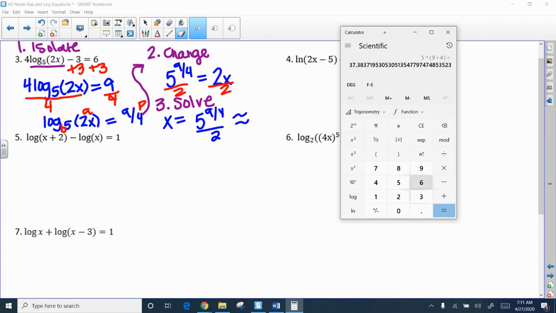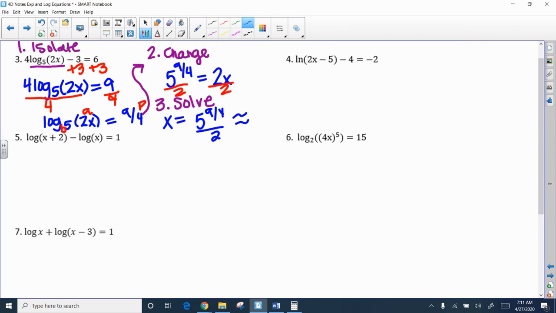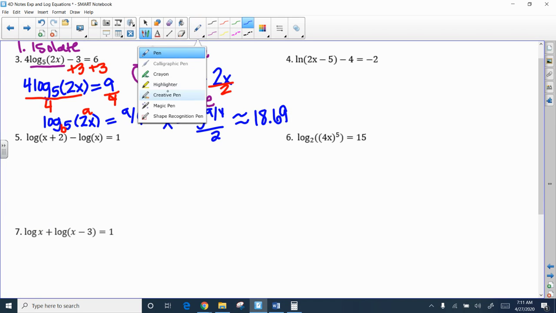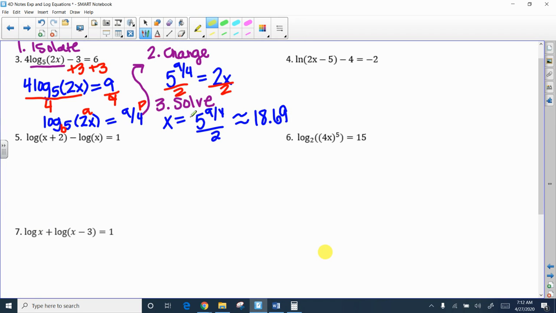And then divided by 2 gives me approximately 18.69. All right, and there's our solution. You could write it either way.